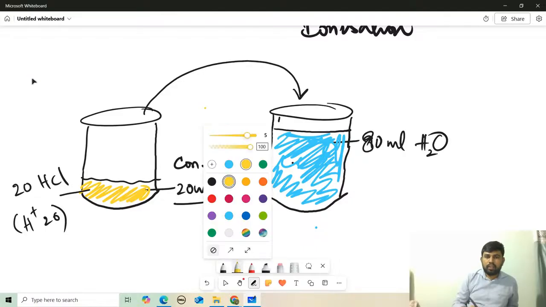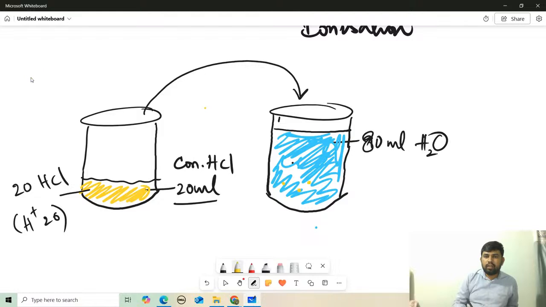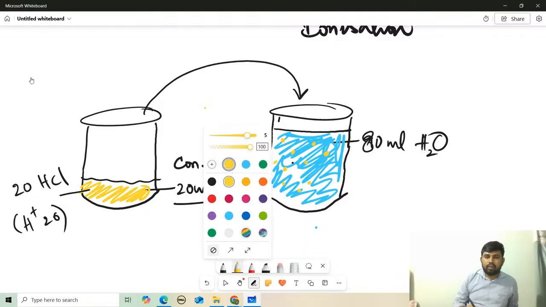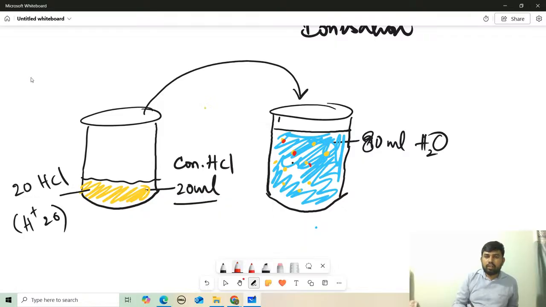So what happens here? These HCl molecules will be spread everywhere, here and here and here. Let's think of these as HCl molecules; they are everywhere through the solution.